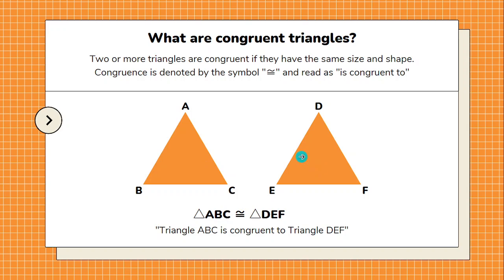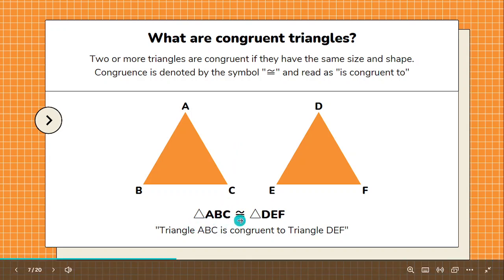Or you can use the method of superposition. If we place one triangle on another, we will get exactly overlapped shapes, right? So we can write that triangle ABC is congruent to triangle DEF. We read it as triangle ABC is congruent to triangle DEF.